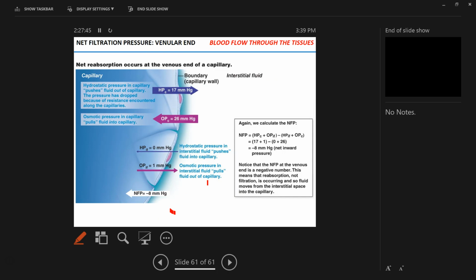We're gonna play with some things here in a little bit. Venous end. What is the difference between arterial end of capillary and venous end of capillary? The only one difference.